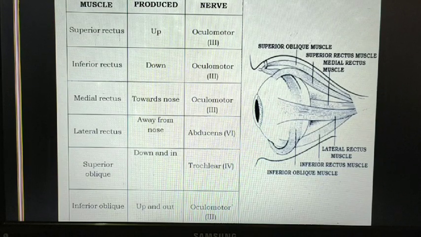Eyeballs move due to contraction of the extrinsic muscles. Already we have discussed the different sets of extrinsic muscles. There are six extrinsic muscles, and these muscles move the eyeball in different directions.